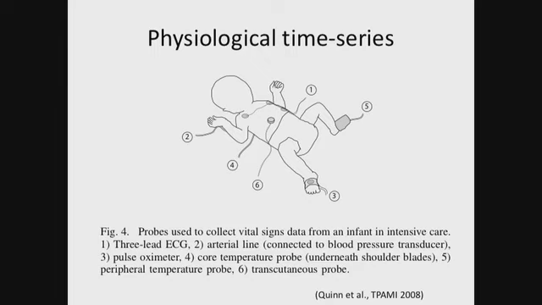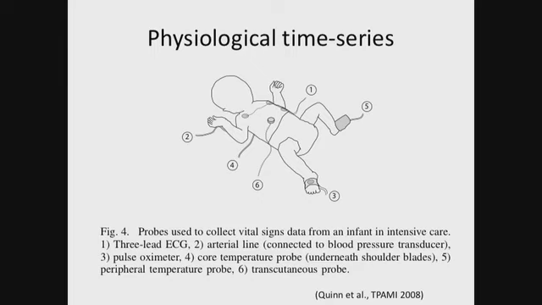Number 1 here is illustrating a 3-lead ECG, which we'll be talking about much more, which is measuring the baby's heart, how the baby's heart is doing. Over here, number 3 is something attached to the baby's foot, a pulse oximeter, which is measuring the baby's oxygen saturation, the amount of oxygen in the blood.